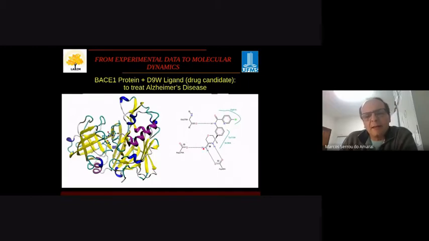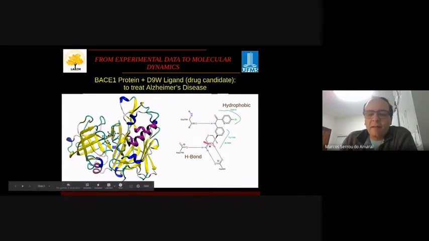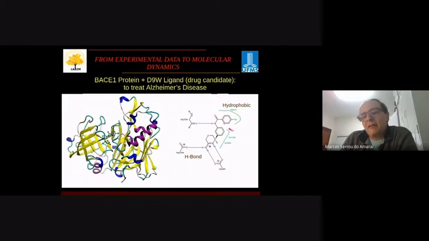This ligand is called D9W. I don't know why, but yeah. You can see here hydrogen bond interactions, mainly in this region, and here in green you have hydrophobic interactions.